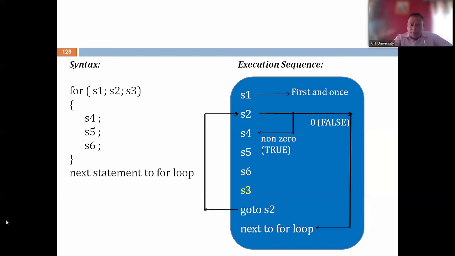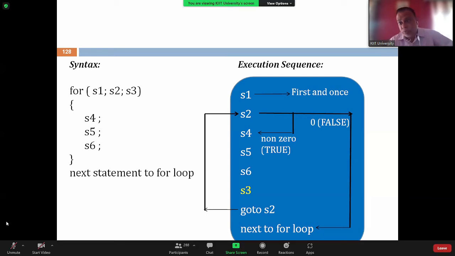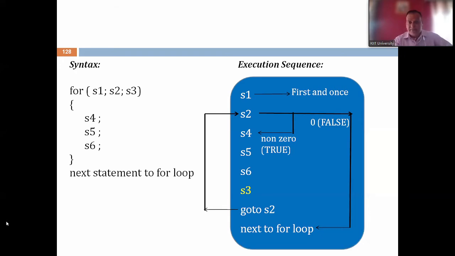Out of all statements S1, S2, S3, S4, S5, S6 given on the left hand side, S1 appears first, will execute first, but is only executed once. Do remember. After S1, it will come down to statement S2. It appears second, executed second. But statement S2 may be executed more than once also.